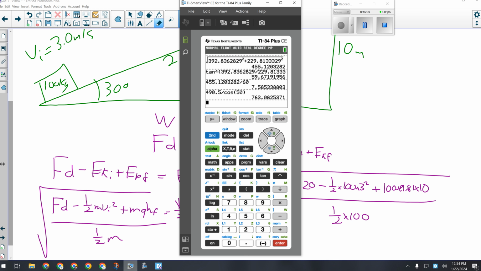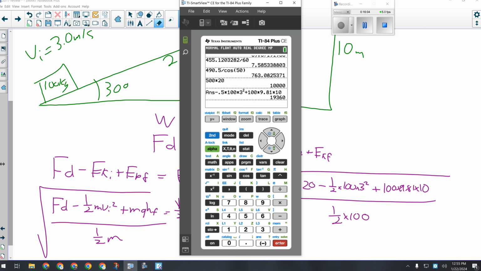So square root of, actually let's do this piece by piece, that's probably smarter. 500 times 20 minus 1/2 times 100 times 3 squared plus 100 times 9.81 times 10.